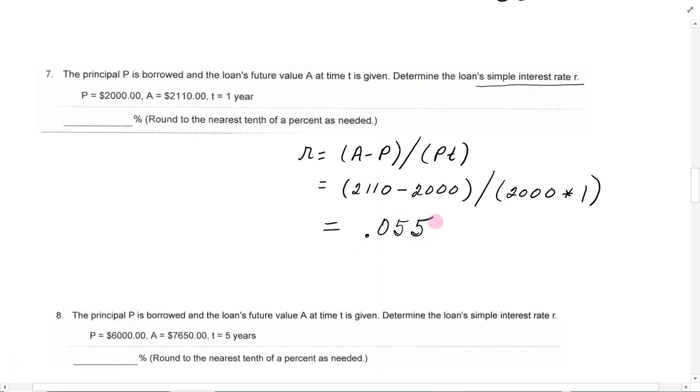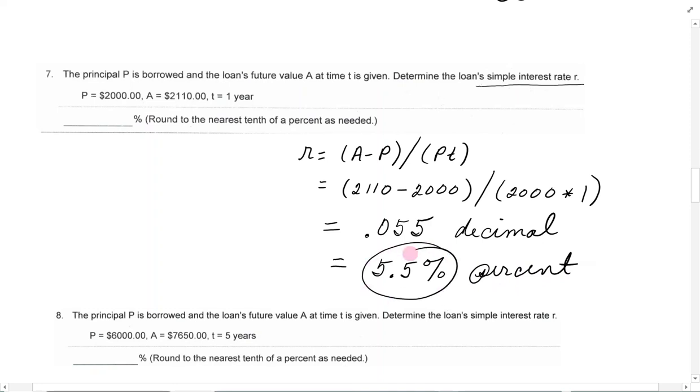It's a decimal, just like we always use a decimal in formulas. I need it as a percent. I will move the decimal point 2 places to the right. It is 5.5%. The percent sign's already written for you, but this is percent form. So it's important that you switch it. You don't have to type the percent sign though.